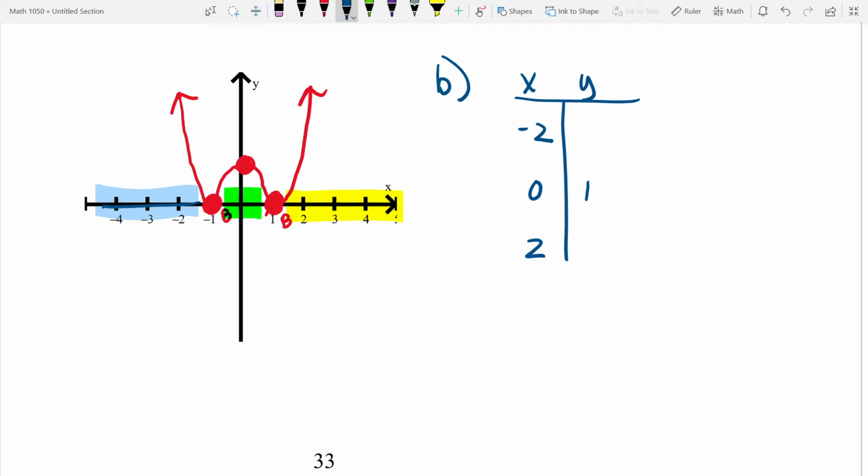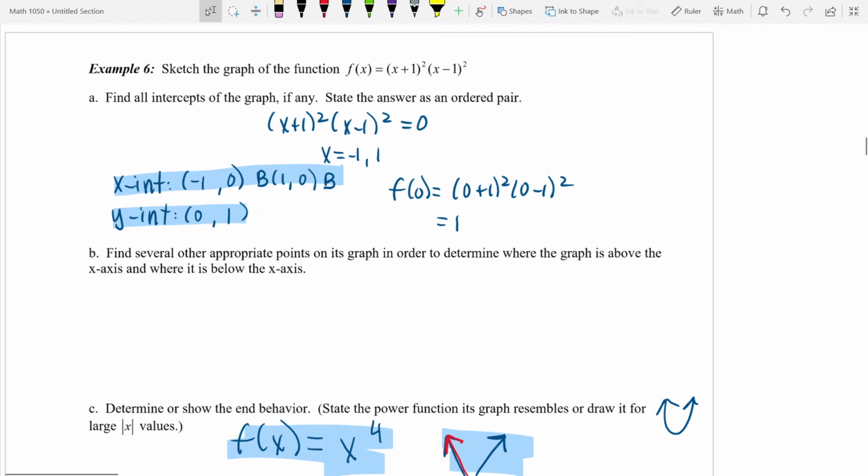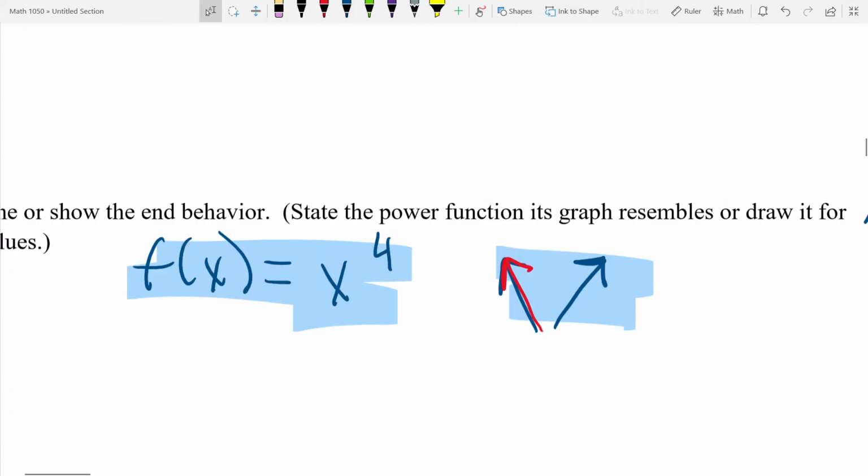Everybody go -2, store, enter. Now I can't do the up, enter because I haven't even put this in my calculator yet, ever. So I'm going to have to put that in. Everybody go parenthesis, x, enter, +1, close your parenthesis, hit the x squared button. Then go parenthesis, x, enter, -1, close it, x squared, enter, and you get a 9.